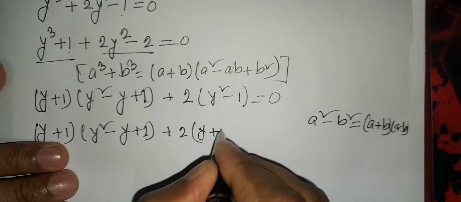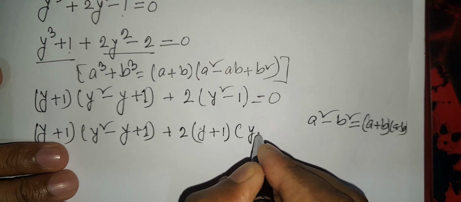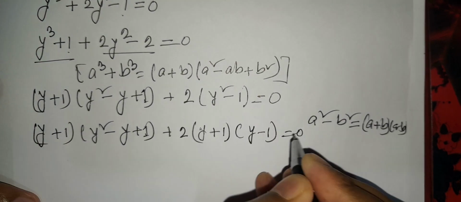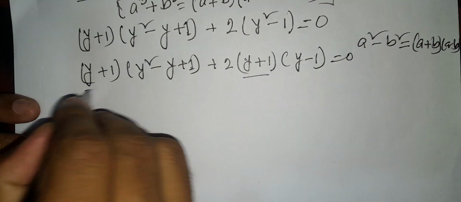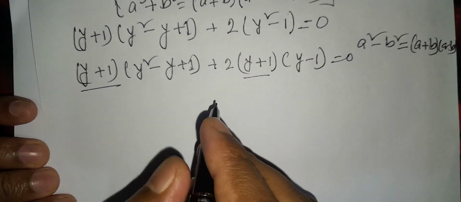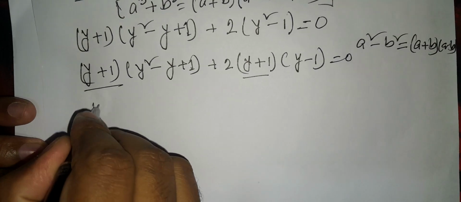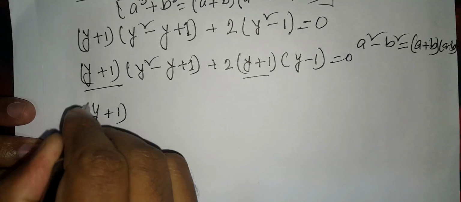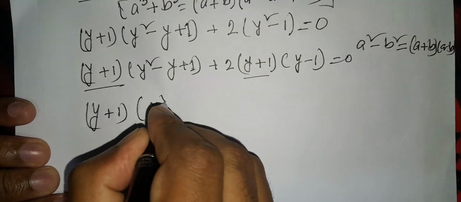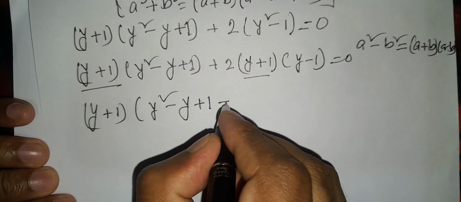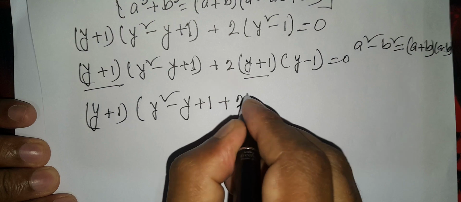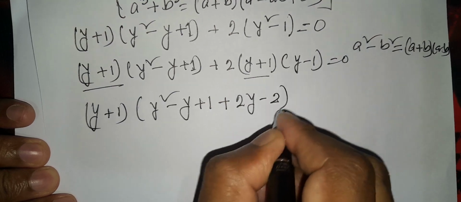So we can write y plus 1, y minus 1 is equal to 0. Okay, and y plus 1 is common. Y plus 1 and y square minus y plus 1 plus 2y minus 2.